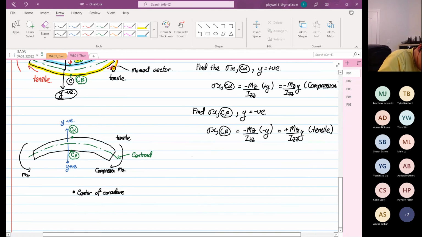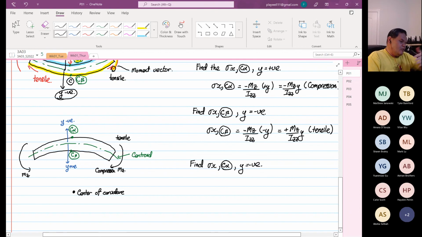stress X, and I'm still going to do the same. We're going to find C alpha. So we know for this case y is equal to negative. Why is it negative?